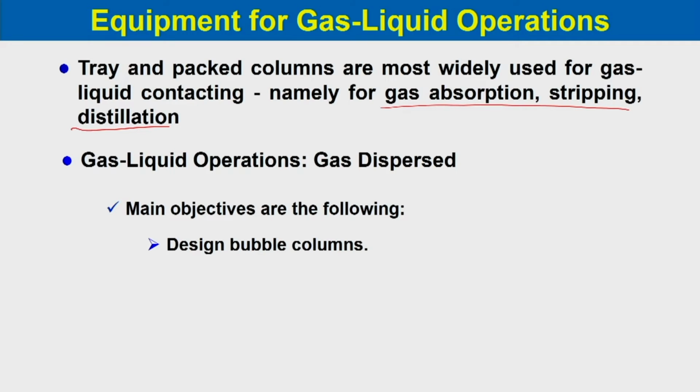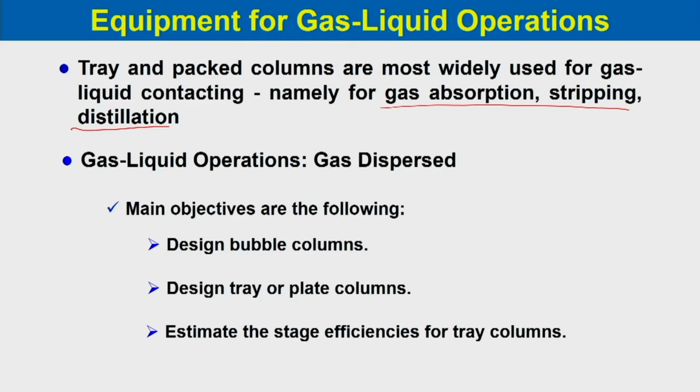Here, the design of bubble column, design of tray or plate columns, and estimating the stage efficiency for tray columns. So, if we take a bubble column or a tray column, the main objective has to be to design the column, how it will operate, what the different specifications are, and then we have to calculate the efficiency of each tray.